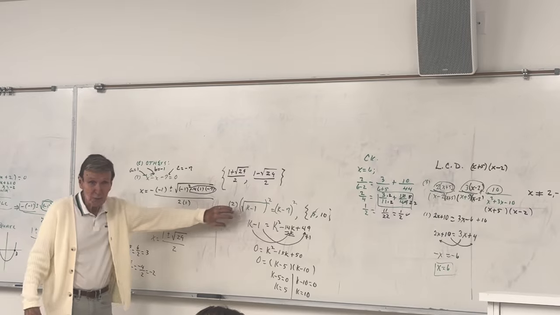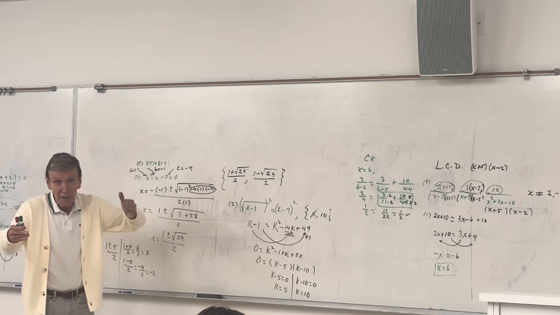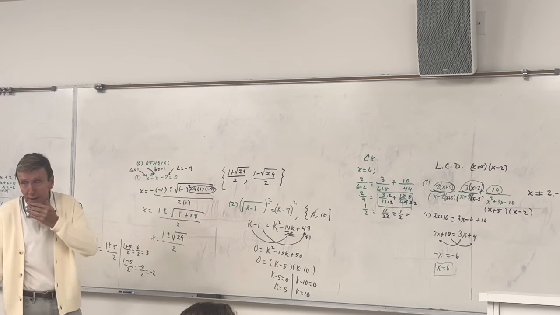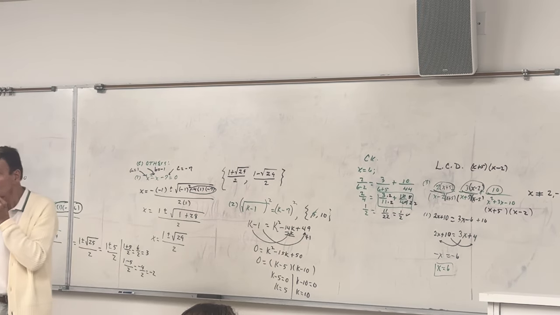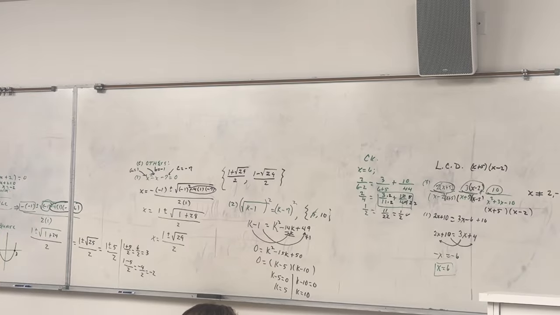Others, I love those with square roots. The 4 o'clock session brought in a nice one. It had 2 square roots. And it took us maybe 15 minutes to do that one problem. So I doubt if I give you two square roots on the quiz. I think one square root will be enough.